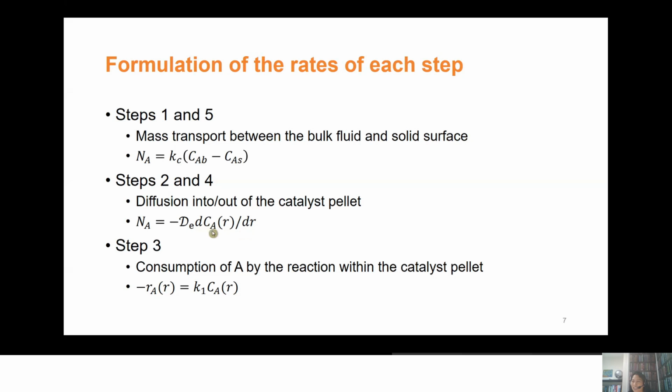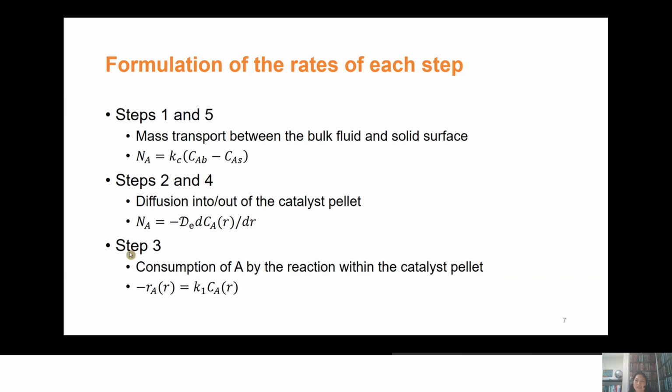The concentration drops from the surface of the pellets to the center of the pellet, so we have a concentration profile along the radial direction. The minus sign is because diffusion occurs from high concentration to low concentration, so you should know this sign.